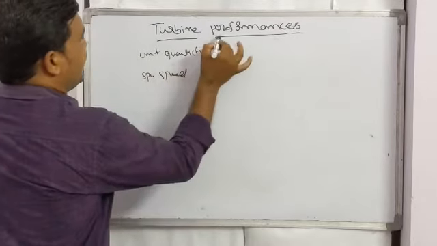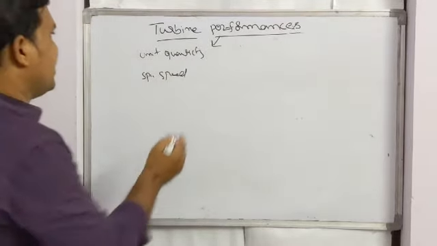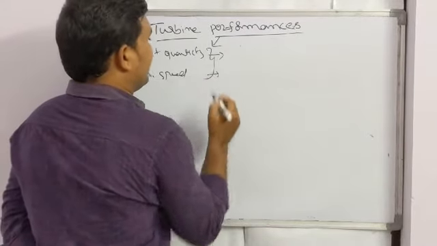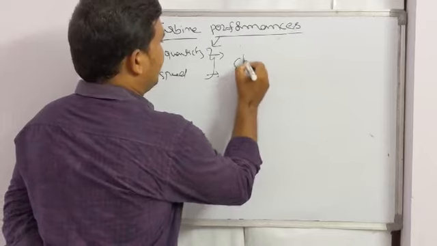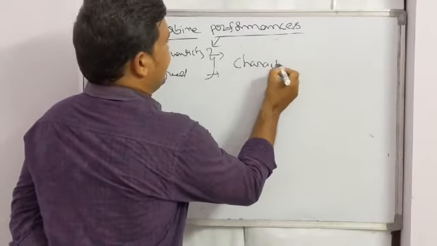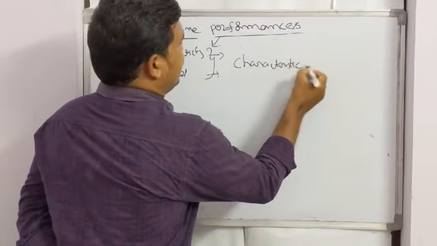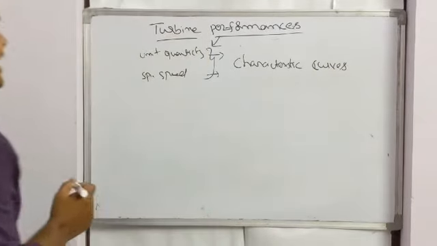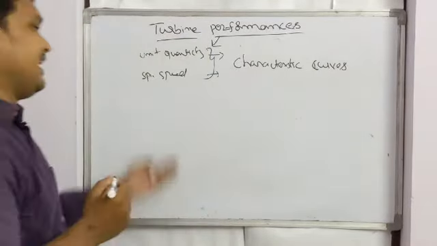By using these unit quantities and unit speed, we can plot graphs called characteristics curves of any turbine.